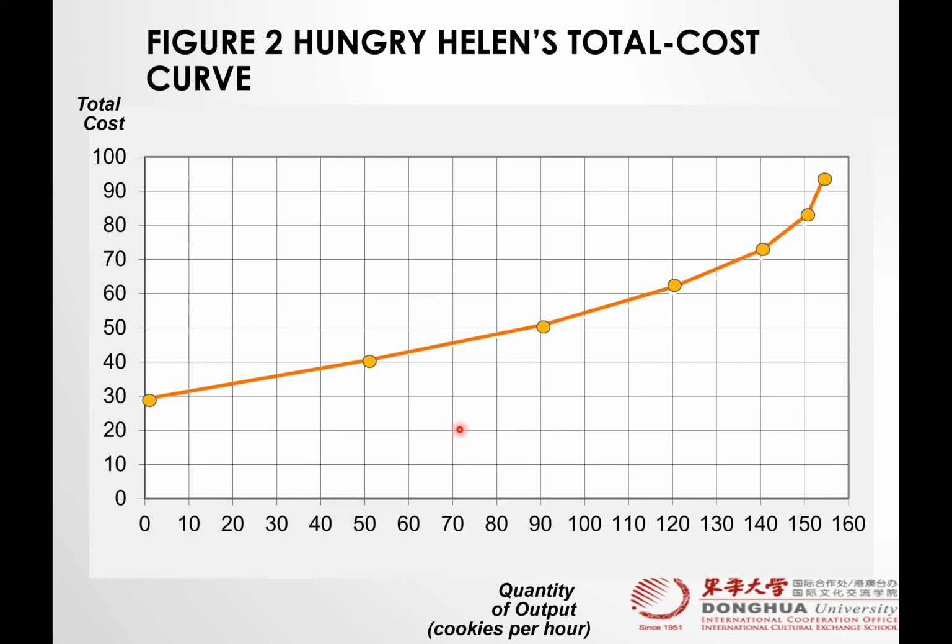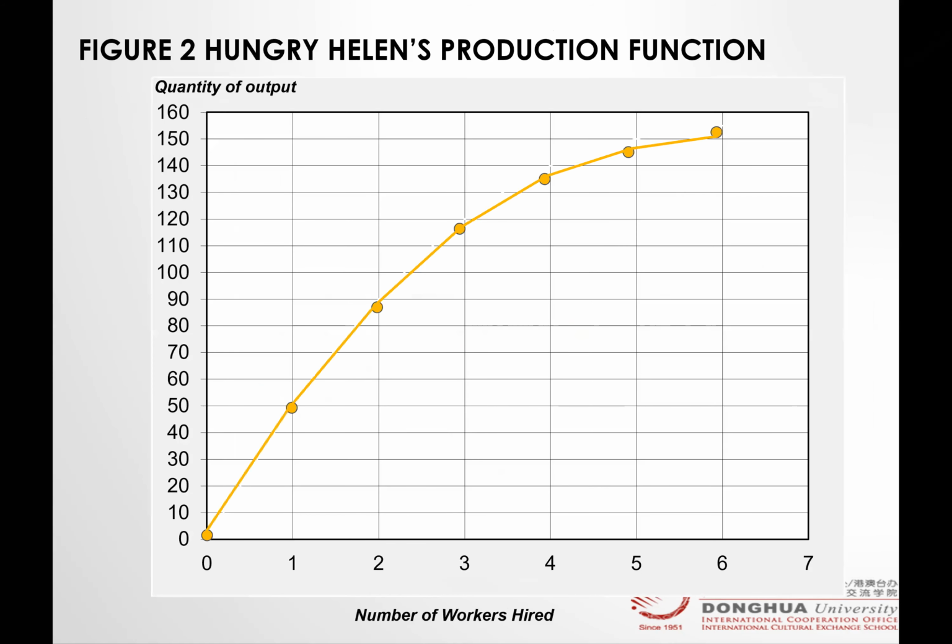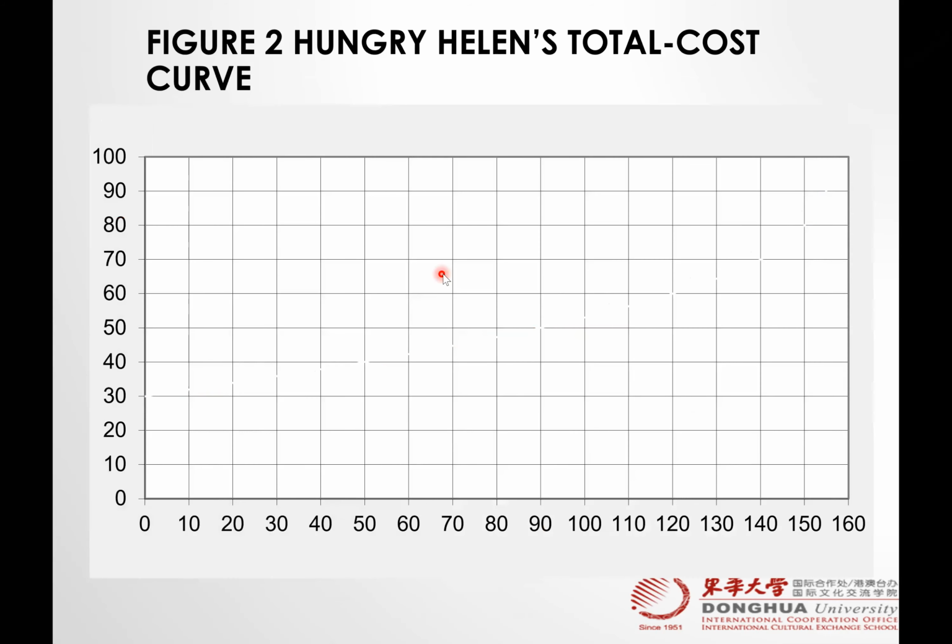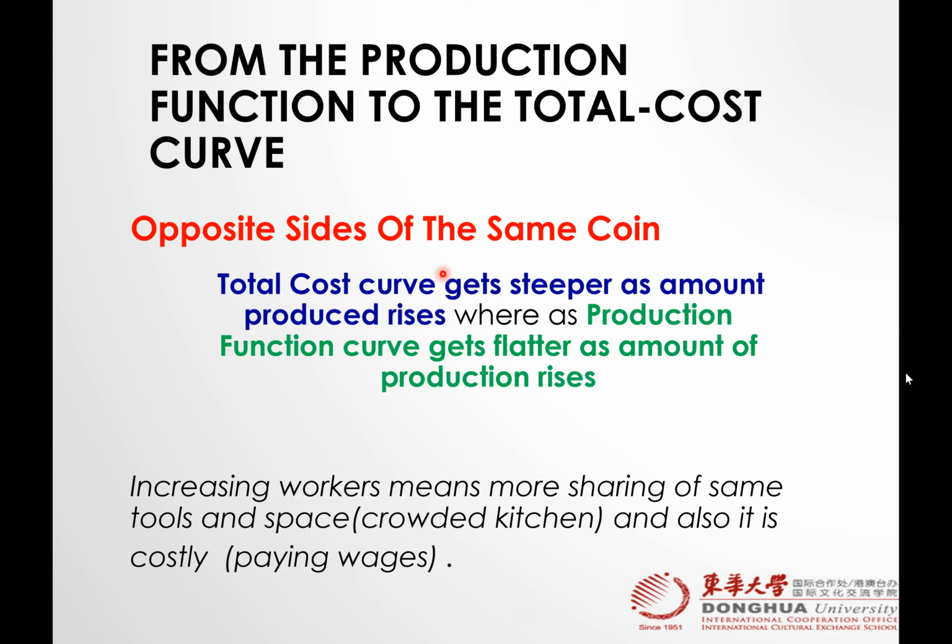Can you see the similarity? We call this the opposite sides of the same coin. The total cost curve gets steeper as the amount produced rises, whereas the production function gets flatter as the amount of production rises.